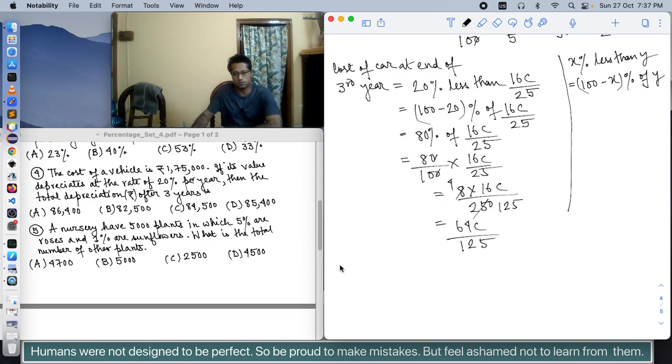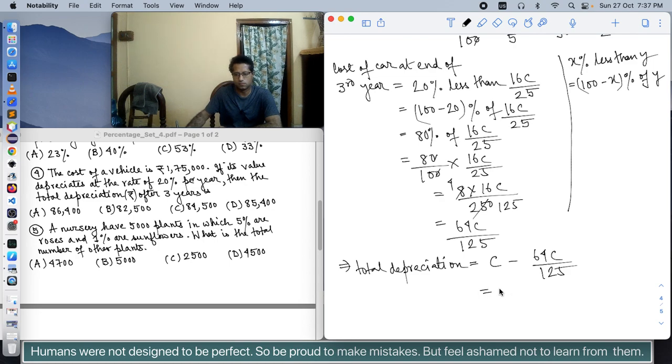So the total depreciation, or the decrease, then becomes: the initial cost of the car was C, and the cost after the end of 3 years becomes 64C by 125.